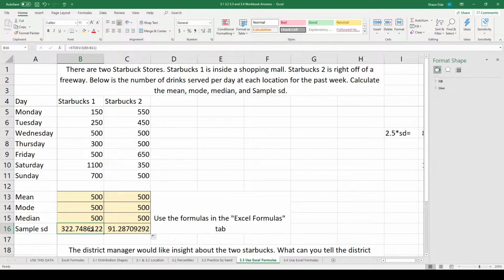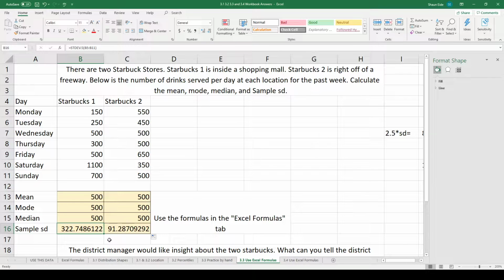Starbucks 1, which is inside of a mall, deviates from the mean on average by $322.74 for each observation, while each day deviates from the mean by $91.29 at Starbucks 2.